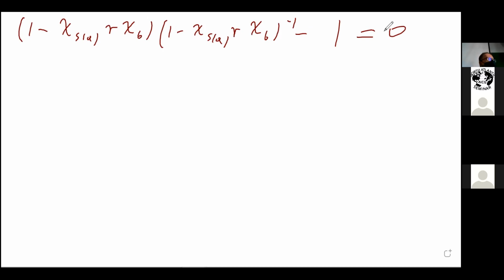Okay, so basically what I'm going to do, well, in this form here I have 4 terms. One of them is 1. So basically I have that the remaining 3 terms sum to 0.